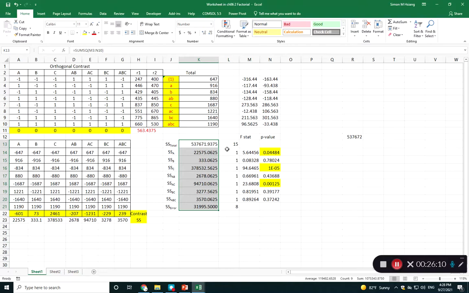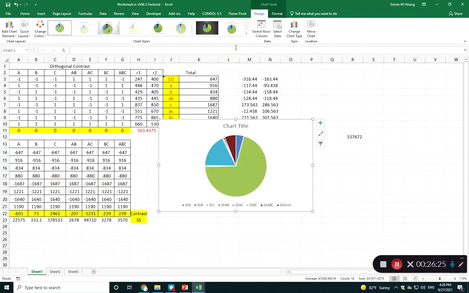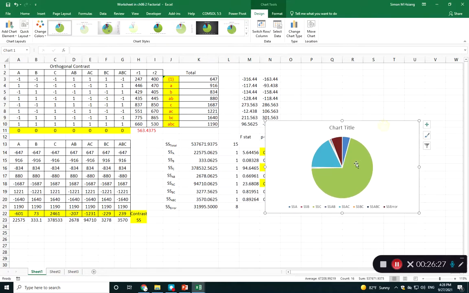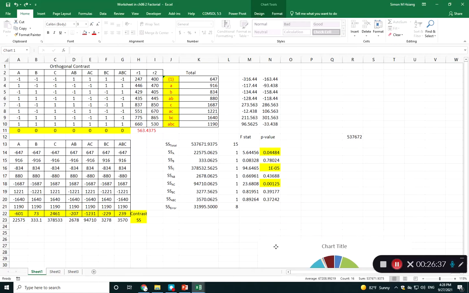I do that. And the other thing I'll do, actually before I do that, is insert a pie chart and say, show me which one is big, which one is small, that way. Yeah, I'll keep it just for now. Okay, so that's the partition of the sum of square.